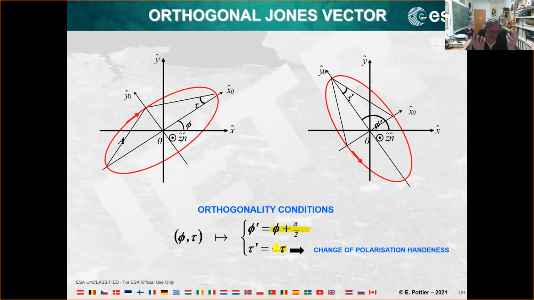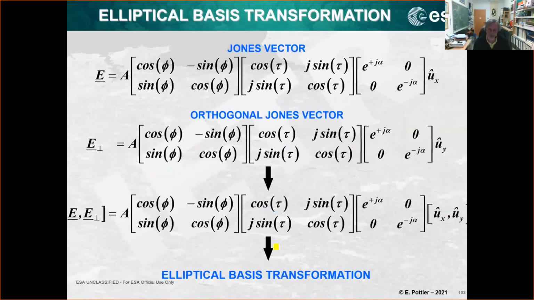So left and right correspond to an orthogonal polarization basis. This is a basis. So this is very important. It means that I can change my polarization basis without changing my antennas, but just from a signal processing point of view. Okay, so this is summarized in this relation. I'm starting from the horizontal vertical basis.